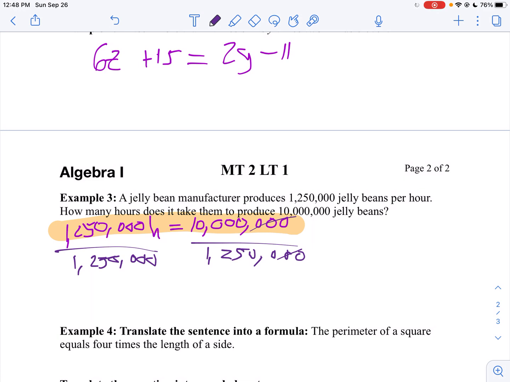Divided by 1,250, because I already divided everything by 1,000, we get 8 hours. Make sure, if it's an application problem like this, or a word problem, you include the units. 8 would be incorrect. 8 hours is the correct answer.